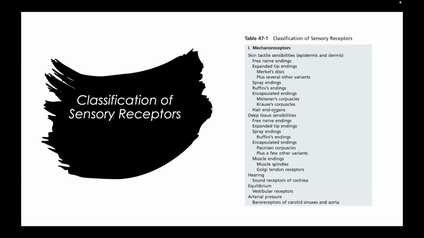Now, here is a table which is actually lifted from a different chapter in Guyton, but I want to share this. This is the classification of the sensory receptors. We have the mechanoreceptors. The mechanoreceptors are found in the skin, in the dermis and the epidermis.